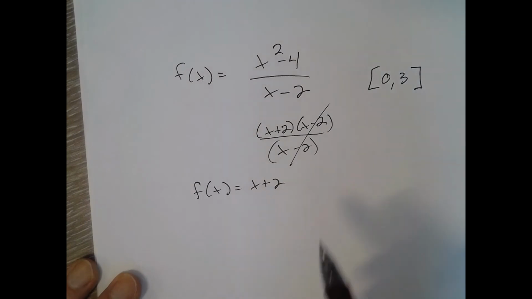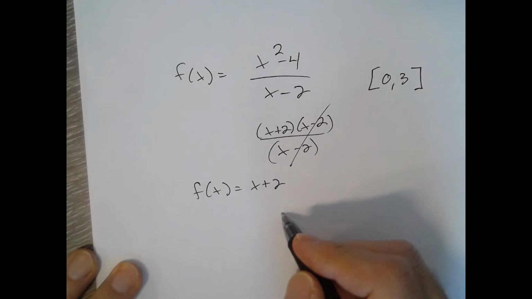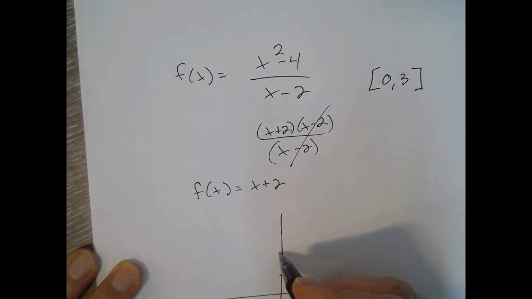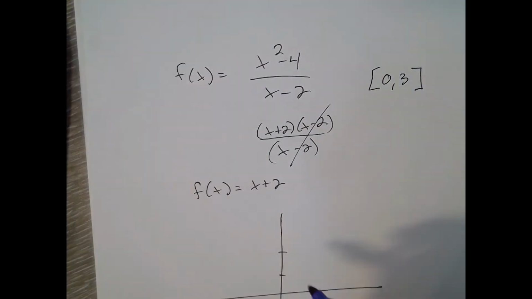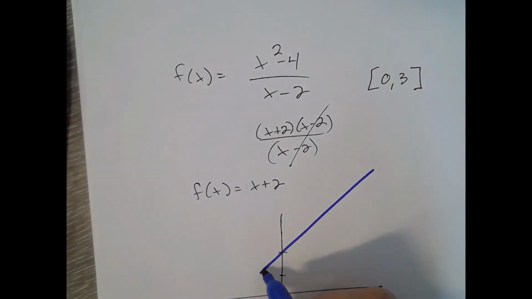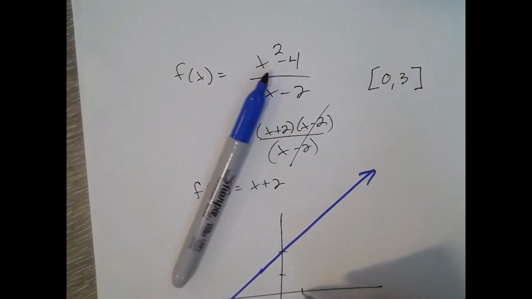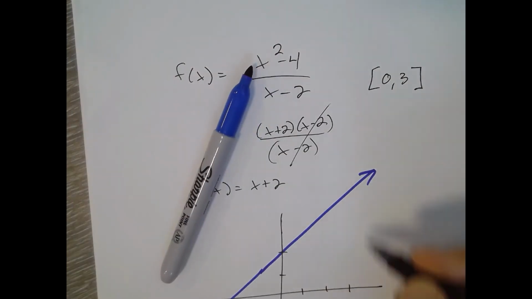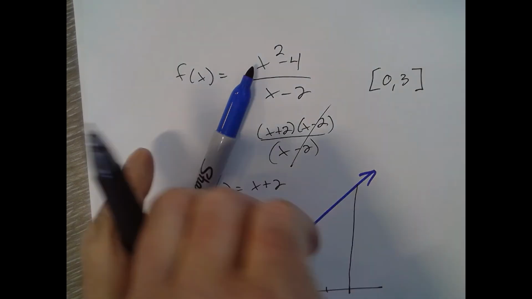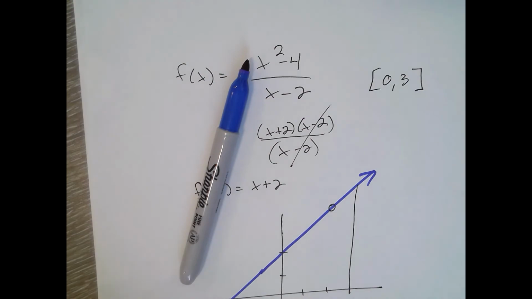If I was going to graph x squared minus 4 over x minus 2, I'm just going to graph y equals x plus 2, because it's the same thing, except there's a hole in the graph. So there's my graph, and at 1, 2, 3, we're looking for all of this area, except at 2, I gave it a little tiny hole there.